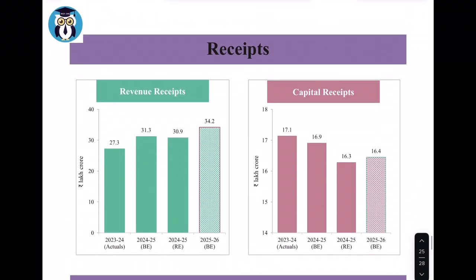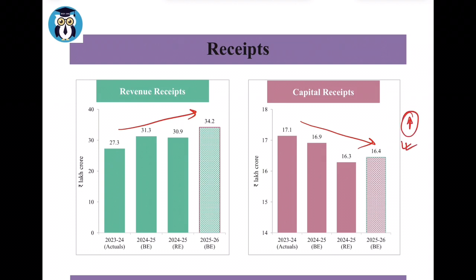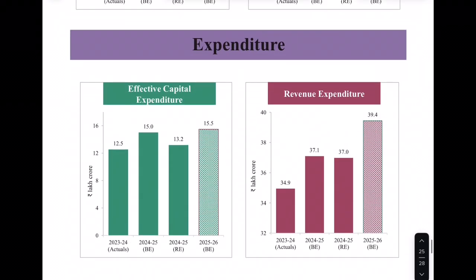Now this is important: revenue receipts are almost on an increasing trend, and capital receipts are decreasing. It should have been increasing for a better economic structure. Then the expenditure, effective capital expenditure, it is like this. It should have been like this.